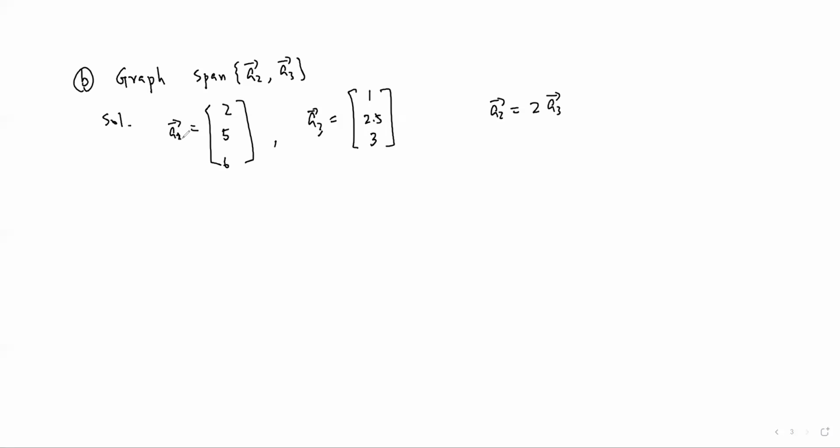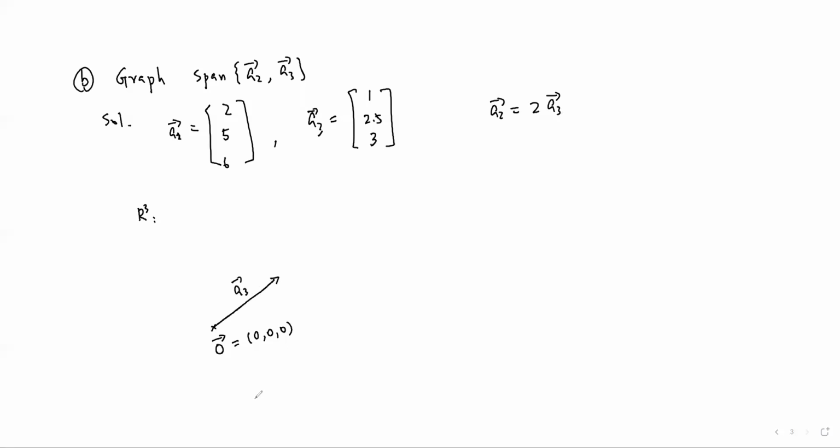Now let me plot A2 and A3, 3-dimensional vectors. So use XYZ plane. Suppose this is R3, and the origin is here, the point 0, 0, 0. Suppose this vector is A3.